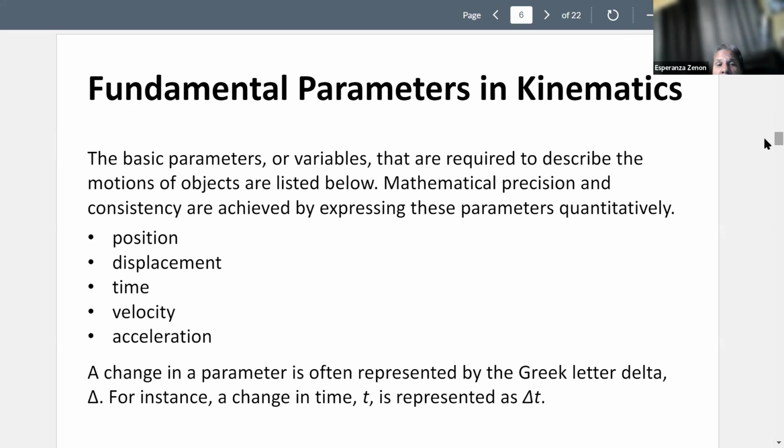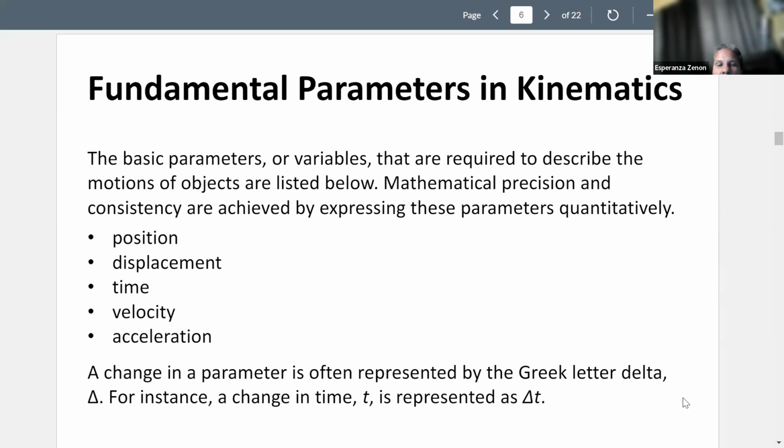And so we have to get used to how we express this idea of change. And to help us with that, we borrow from the Greeks again. We borrow a lot of things from the Greeks in physics. We borrow from the Greeks again, their letter delta. We use the letter delta to express the idea of change. Okay.